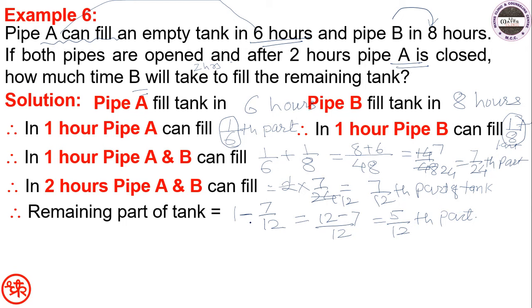Is that clear? Now, pipe B fills the tank in how many hours? What is given? Look at here. 8 hours. It is given. Is that clear? And therefore the remaining part of tank filled by B is how much?